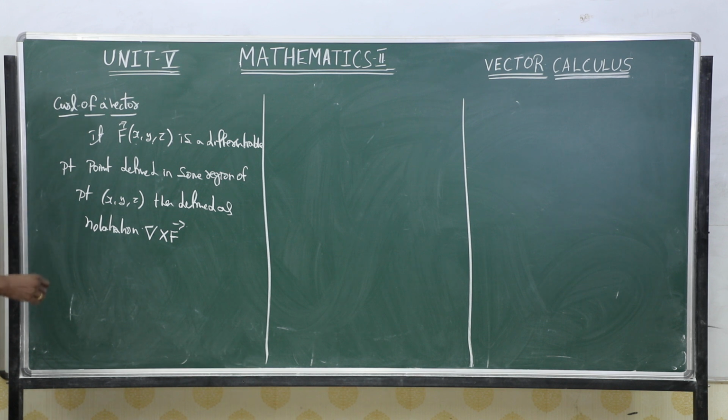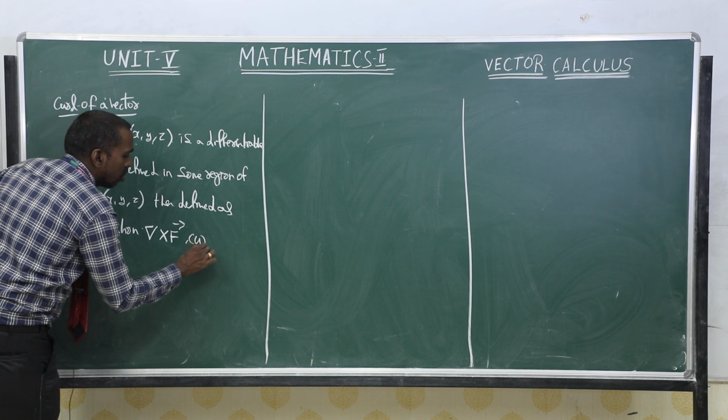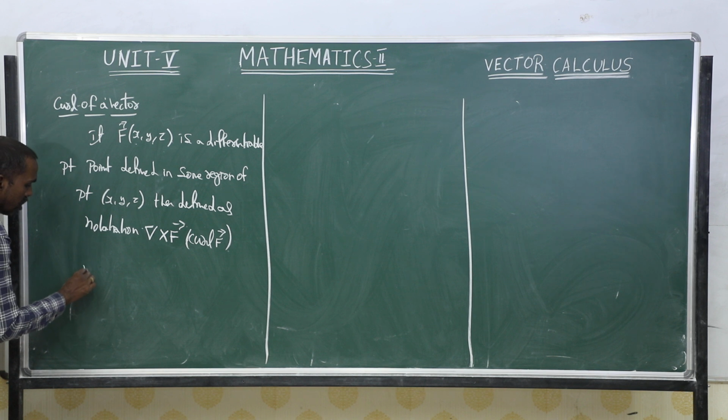We have to find out del cross F vector. This is the formula for del cross F vector, or simply curl F vector.